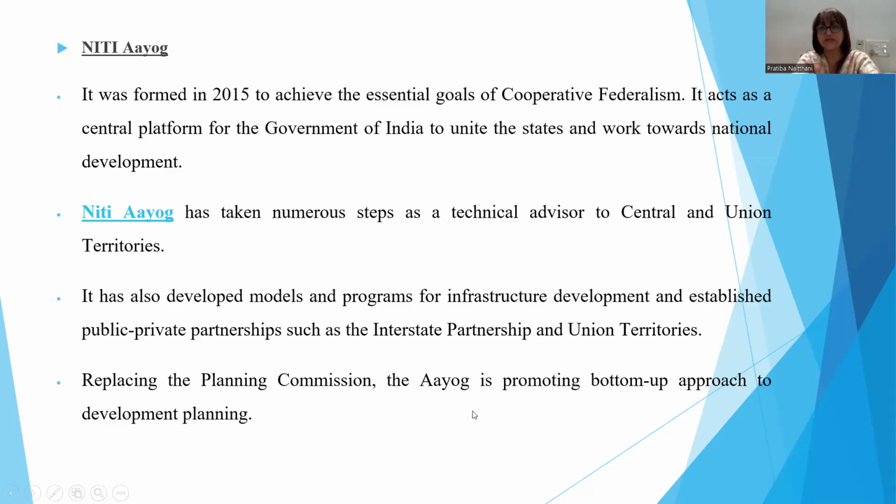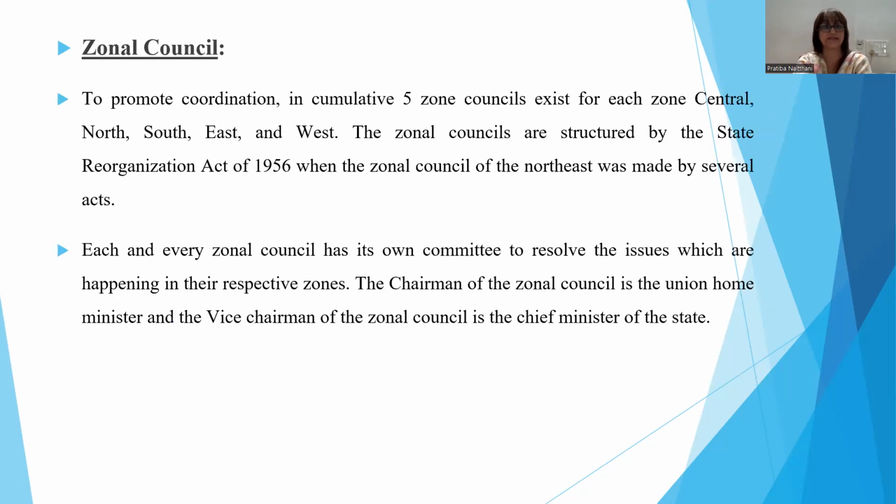It has started taking the bottom-up approach in development planning, and it achieves one of the essential goals of cooperative federalism, because it works in coordination with the center and the union territories, and the center and the states.